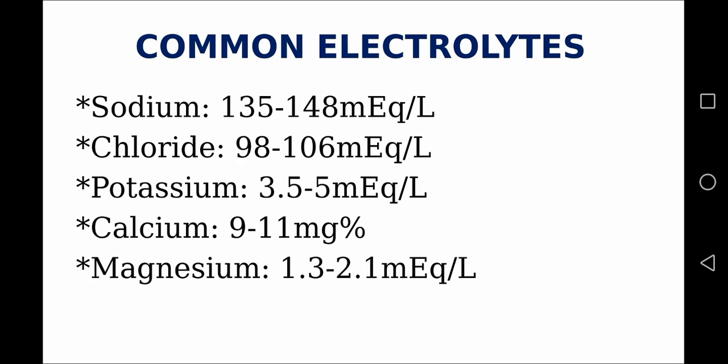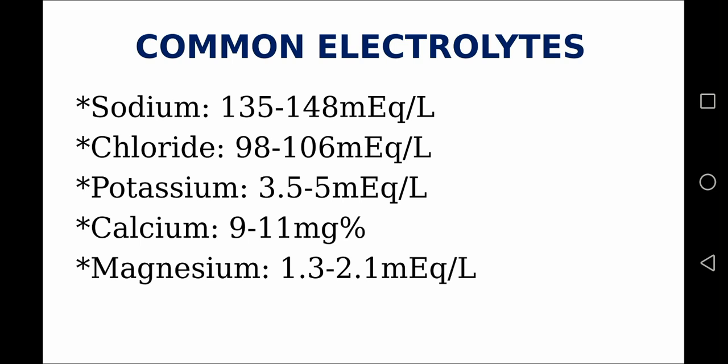The normal range is 3.5 to 5 milliequivalent per liter. Next is calcium. The normal range is 9 to 11 mg percentage. The main function of calcium is to assist nerve impulses, contract muscles and help in clotting. Next is magnesium. The normal range is between 1.3 to 2.1 milliequivalent per liter.